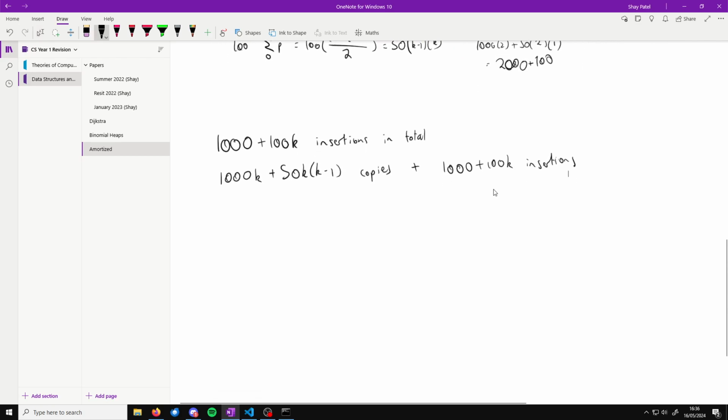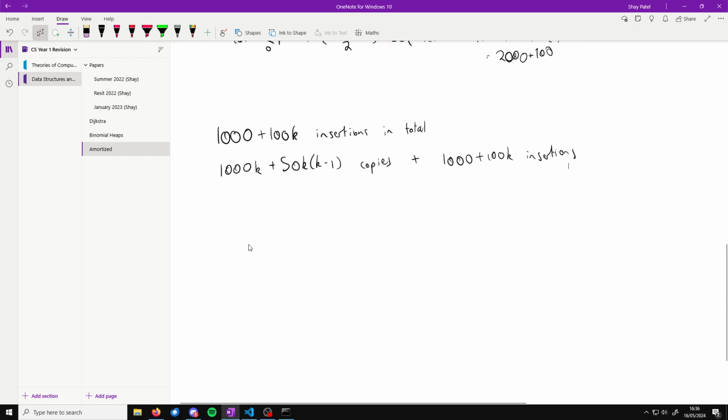So in total, we're doing this many actions: 1,000k plus 50k times k minus 1 plus 1,000 plus 100k. This part is the number of copies, and this part is the number of insertions.